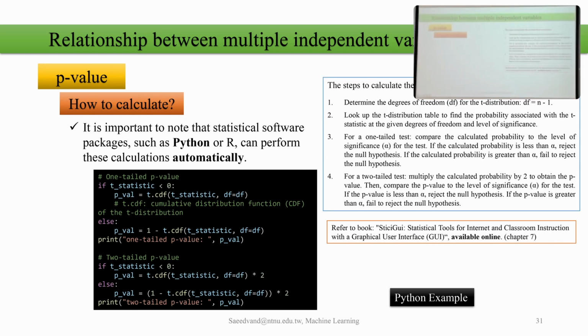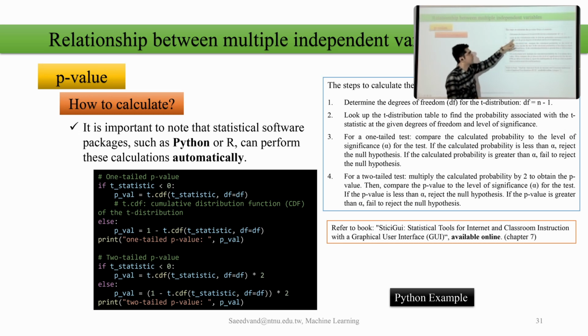I've written the steps here, but it goes a little too detailed in the math, so I want to stop the explanation here. For example, you determine the degrees of freedom for the t distribution, then look up the t distribution. I don't want to explain too much more because that becomes a little complicated.